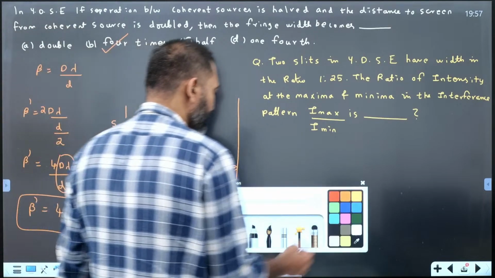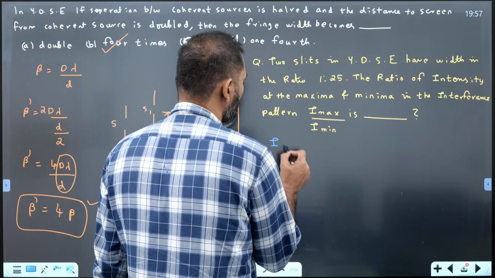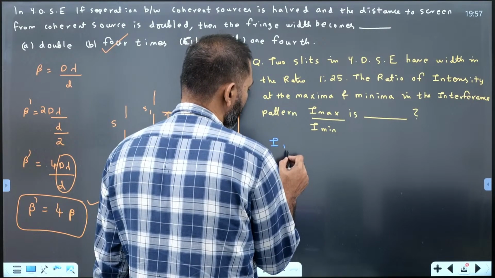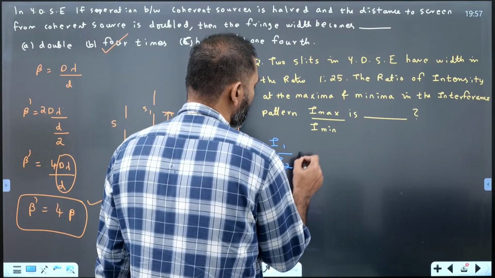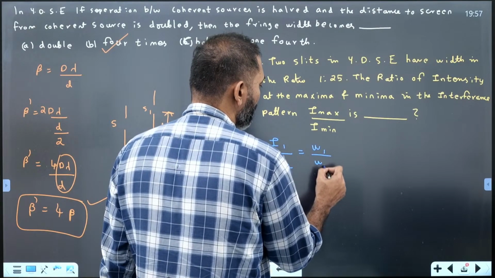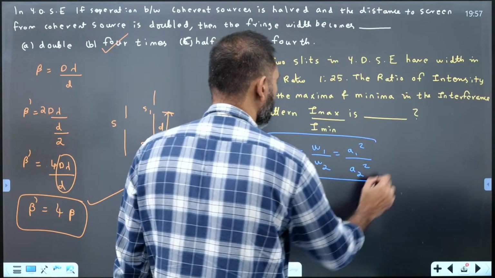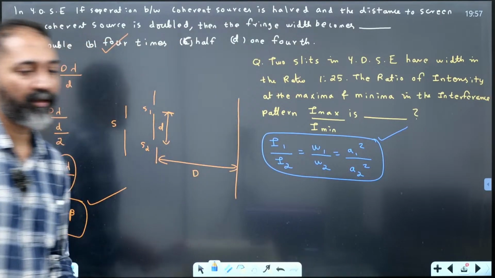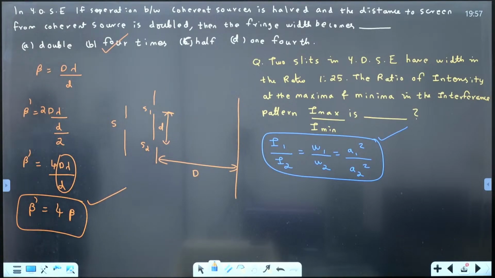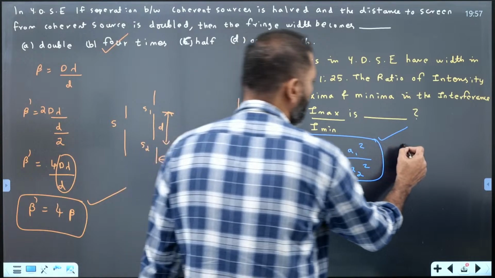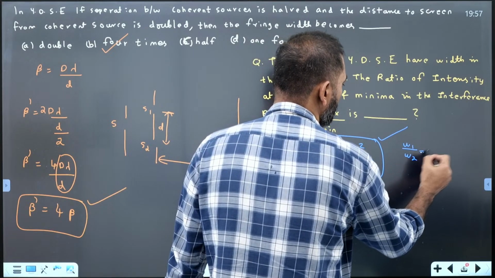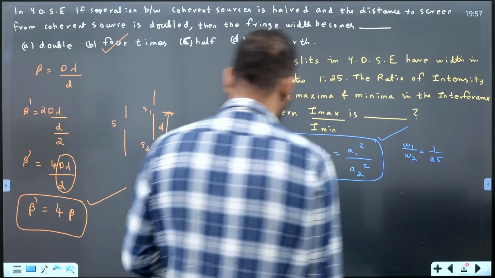Remember, what is the equation connecting all these terms? Intensity ratio I1 by I2 is equal to width ratio W1 by W2, which is equal to the square of the amplitude ratio. Always remember this equation. The width ratio is given, W1 by W2 is 1/25 or 1:25.